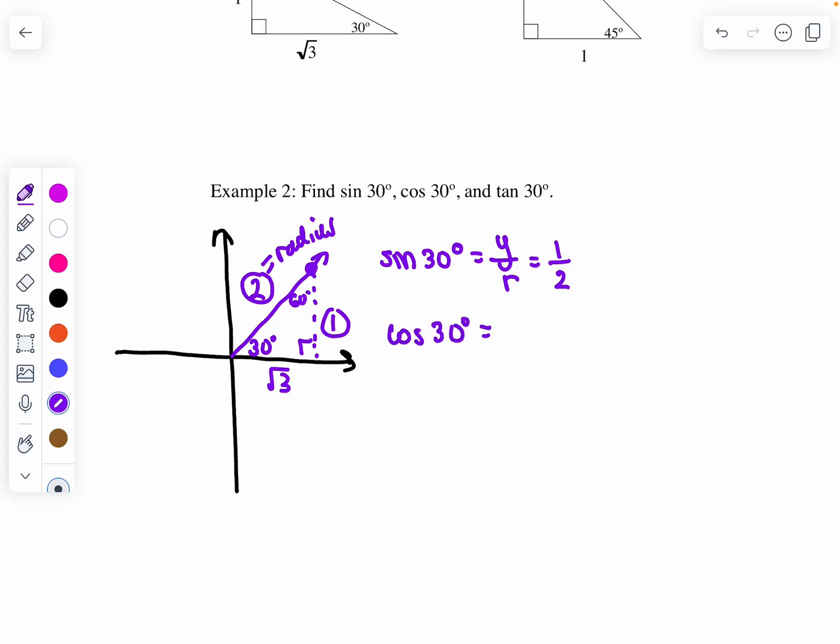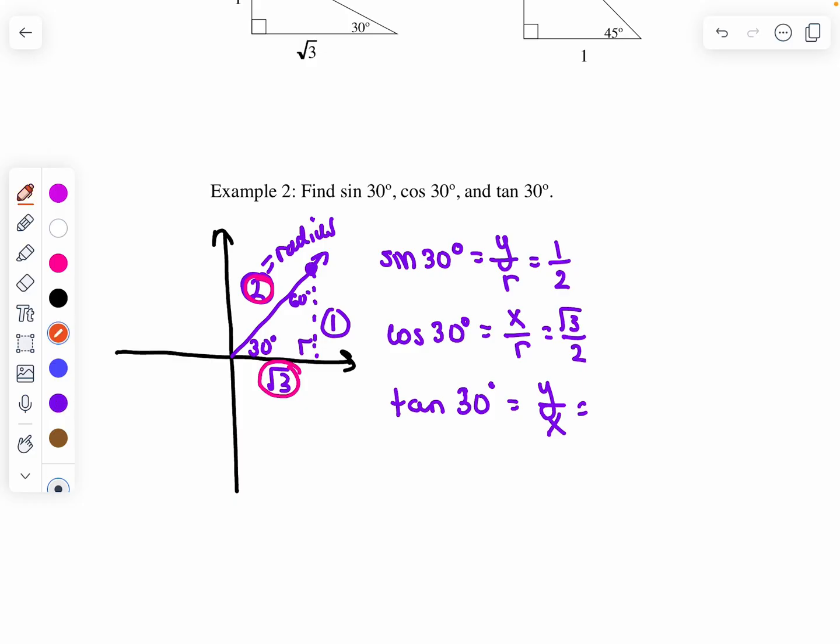Cosine of 30, well, cosine is x divided by r, again, when r is not 1. So x is root 3, r is 2, that's root 3 over 2. Lastly, we have tangent. Tangent is still y divided by x, like it was in the first example.